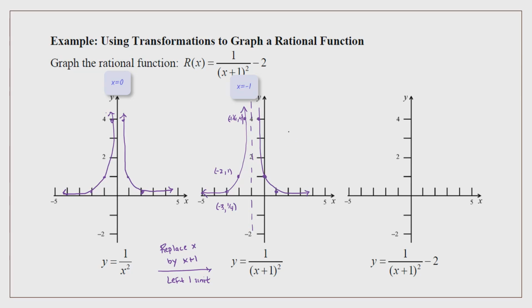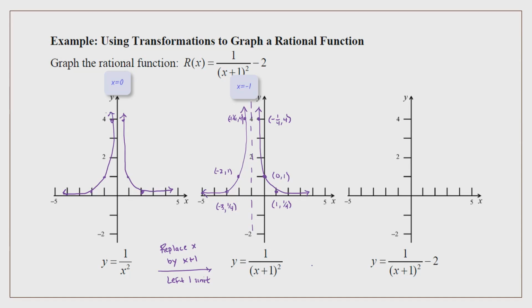There we go. Those are those points. Okay, and then these ones, (0, 1), (1, 1/4), and this value is negative 1/4, 4. There we go. Awesome.